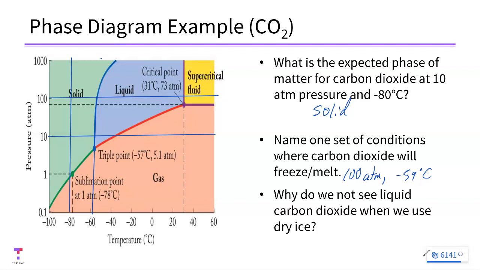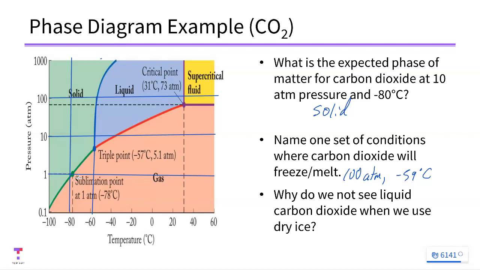Why don't we see liquid carbon dioxide when we use dry ice? Well, same kind of question here. We do most of our work here at atmospheric pressure. So let's look at that tie line there. At 1 atmosphere, I can see that we have a solid to gas transition over here at the sublimation point.